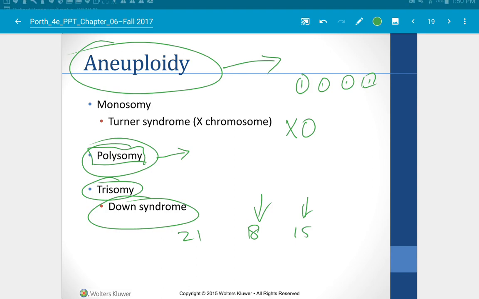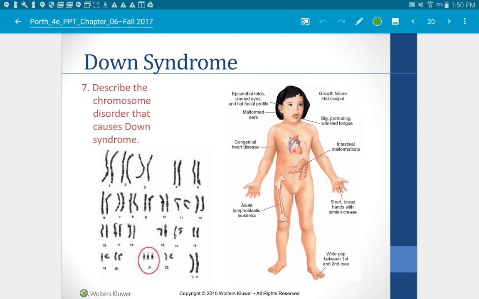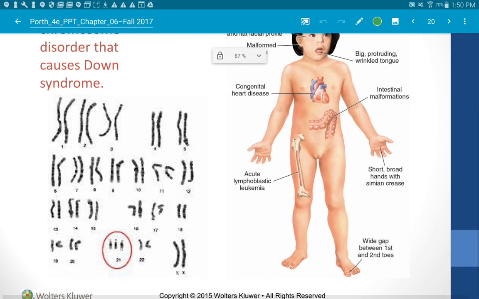They don't result in an actual person being born. But trisomy 21, Down syndrome, absolutely, is relatively common and still produces a very viable embryo. So again, 21, and if you look in here, instead of having 2 copies of that chromosome, you've got 3 copies, and that means either the egg or the sperm donated an extra copy.